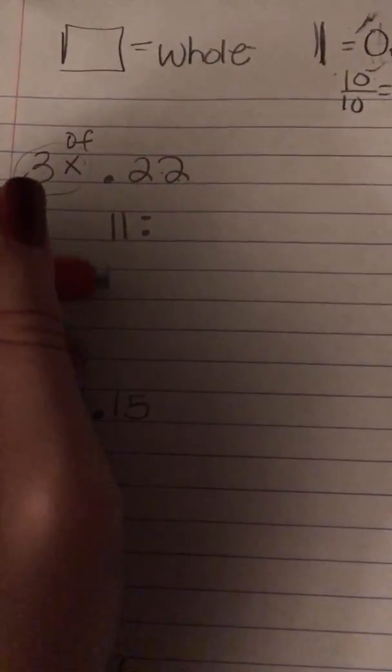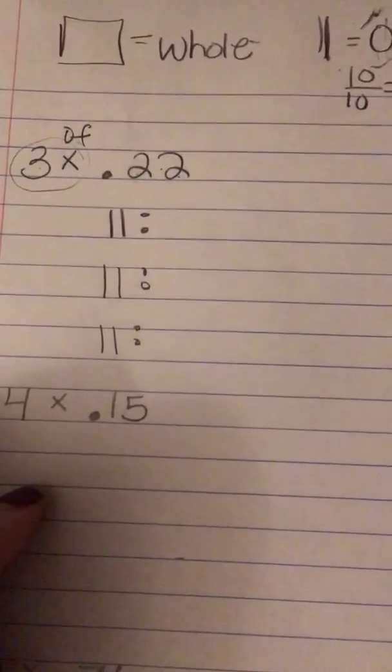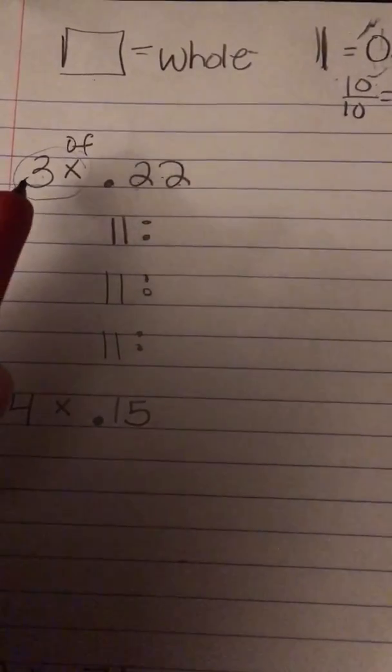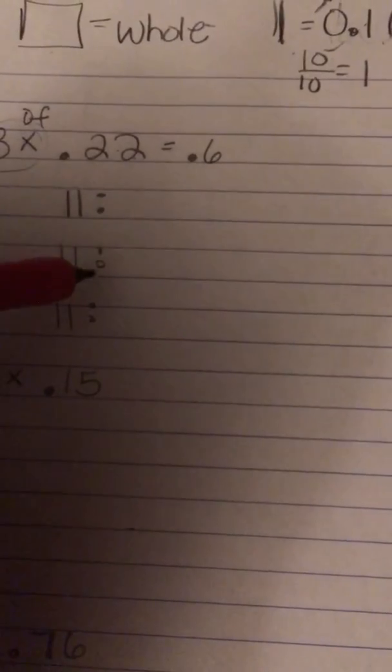So I need to make 3 of them. Okay, so now I have a model to represent my equation. So let's look at this. I have 2, 4, 6 tenths now, and 2, 4, 6 hundredths. I just counted them all up.